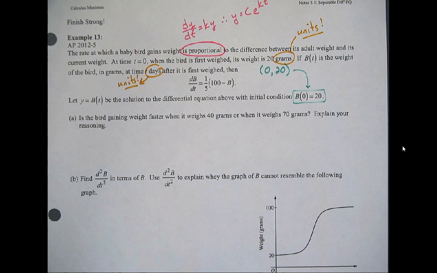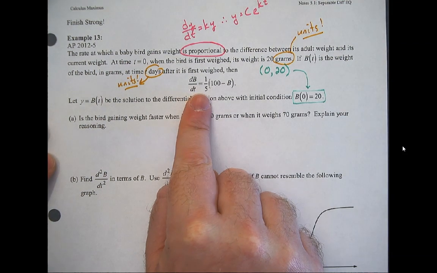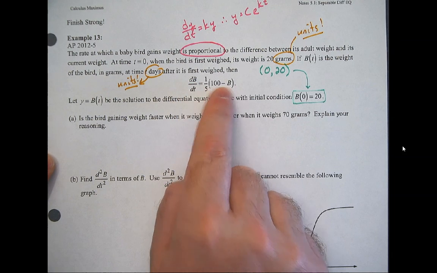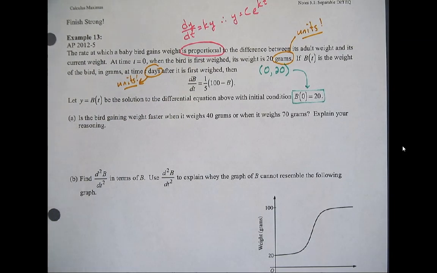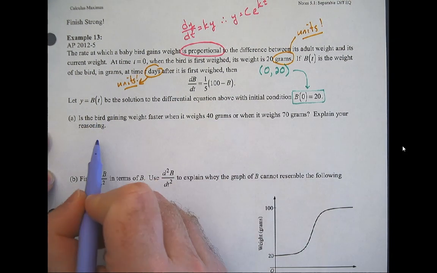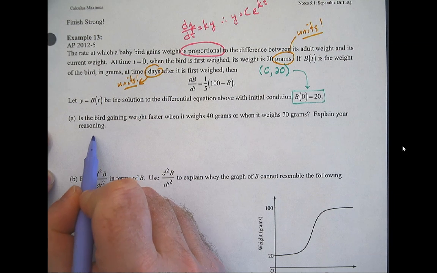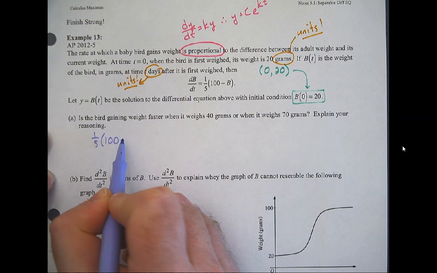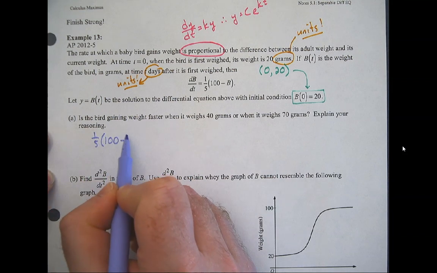Is the bird gaining weight faster when it weighs 40 grams or when it weighs 70 grams? So we have to figure out how fast the weight is changing. This formula tells us specifically how the weight changes over time at a certain weight. So let's first find how fast the weight is changing when it weighs 40 grams. So we would do 1/5 times 100 minus 40.